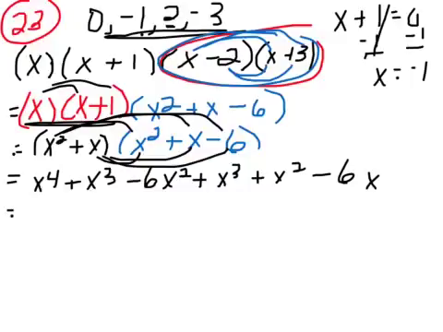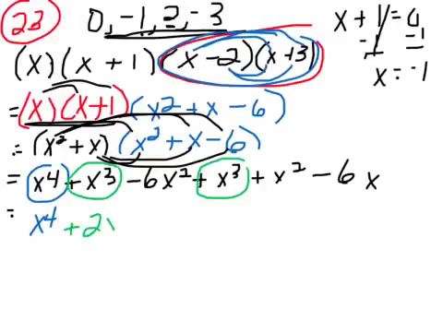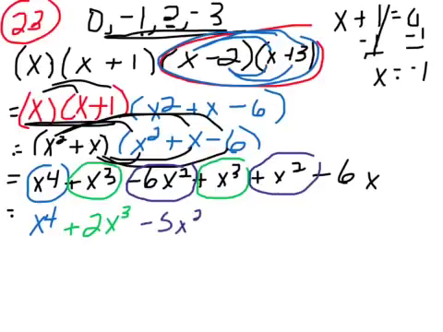So now we're just going to combine like terms. The biggest exponent I see here is a 4, so I'm going to write my x to the 4th down. Next thing down would be an x cubed, and we've got 1x cubed here and another 1x cubed here. That would be 2x cubed. So we've got those taken care of. The next exponent down would be squares. I've got minus 6x squared plus 1x squared, which would be minus 5x squared.